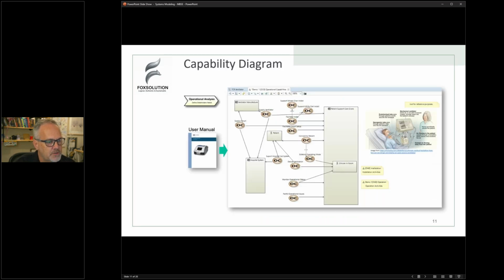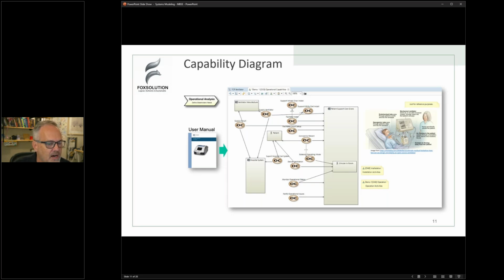So the first thing we do is a capability diagram. And as I said, we're at this operational level. We're going to look at the overall design space. This example was one we built at Siemens from the open source PB560 data that Medtronic made available during the COVID crisis. So we developed a whole set of models around this. So what this does is say, if we're going to do ventilation, what needs to happen?